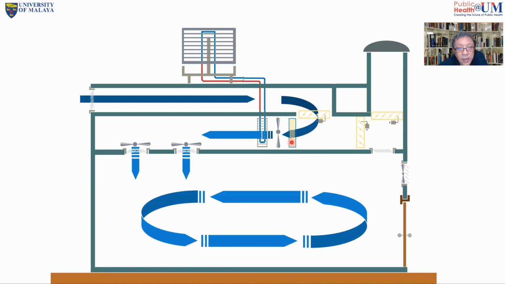There is a filter here, which can be any type of filter: a HEPA filter, HEPA grade, or lower than HEPA grade. Then the air is cooled. Then there is the vent on top of your air conditioning system. The cold air goes down and circulates within the room. This is called a centralized air conditioning system.